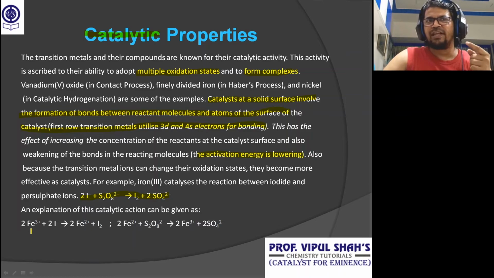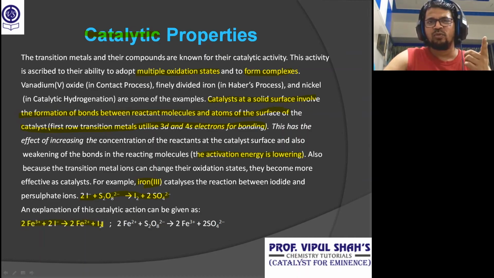First, on the arrow, I couldn't write, it's in the presence of iron 3 catalyst. Matlab, ferric is the catalyst on this arrow. Okay, just see the slide. Iodide is oxidized to iodine, S2O8 2- is converted to SO4 2-. On the arrow it's Fe3+. So what is happening first? Ferric reacts with iodide.